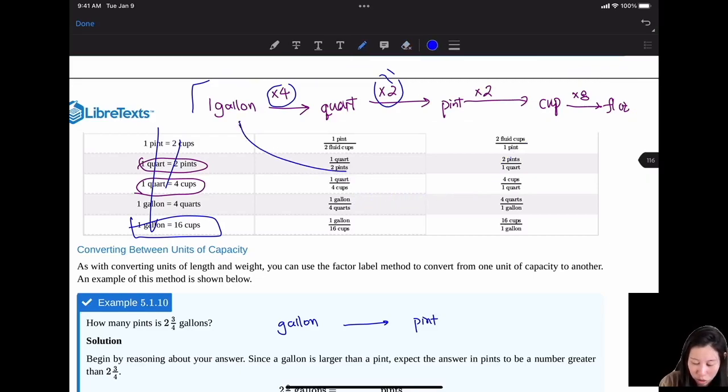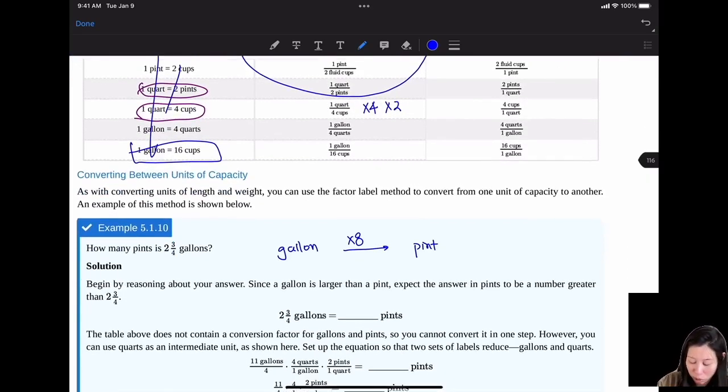So totally is times 8. So for gallon, we have 2 and 3/4. So that means total is 2 times 4 is 8, 8 plus 3 is 11/4 gallon. And then you want to times 8. So cross cancel, you have 22 pints.